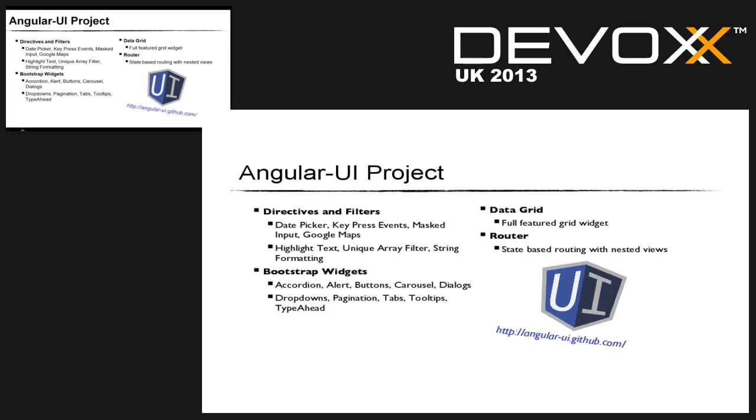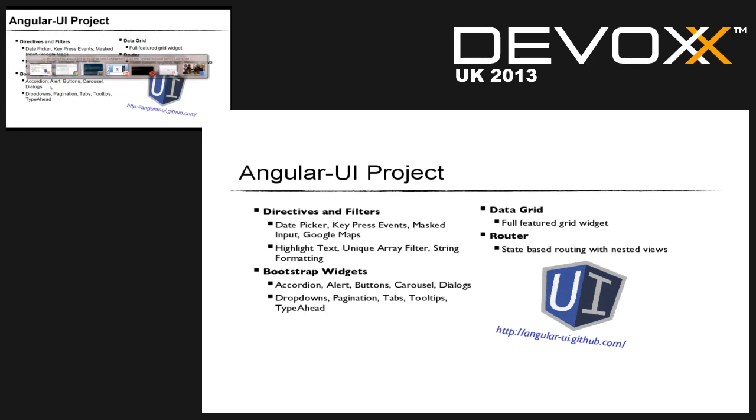And the idea of this was to create a load of reusable bits of code, so widgets, components, filters, input boxes, and so on. And it's been going for about 9 months now, and we're getting quite a lot of features, and people are starting to reuse it, and it accelerates your development process.